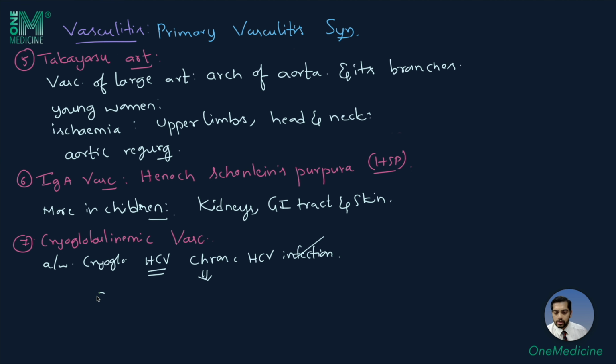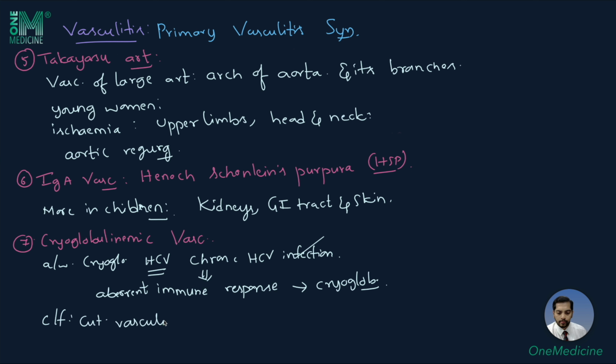In these cases, an aberrant immune response leads to formation of excessive levels of cryoglobulins. This condition is characterized by cutaneous vasculitis, arthritis, peripheral neuropathy, and patients can also have glomerulonephritis of kidney.